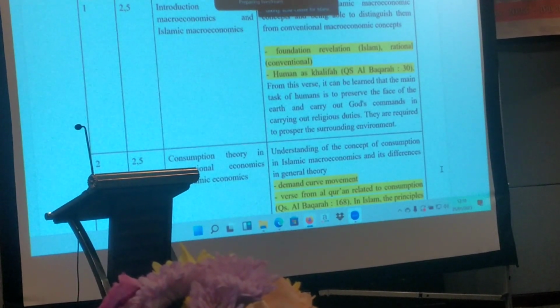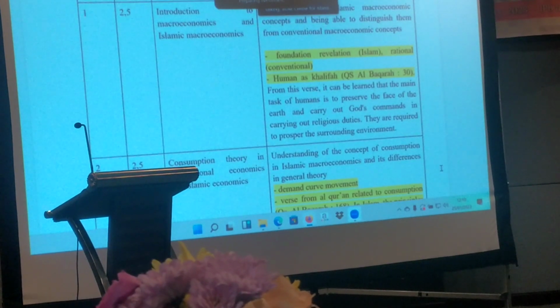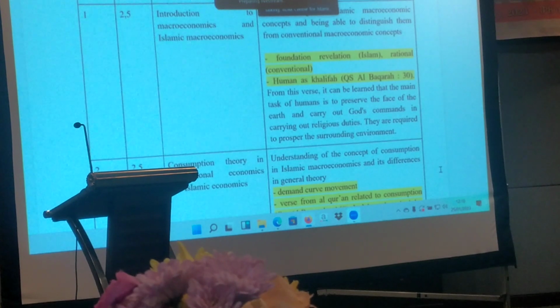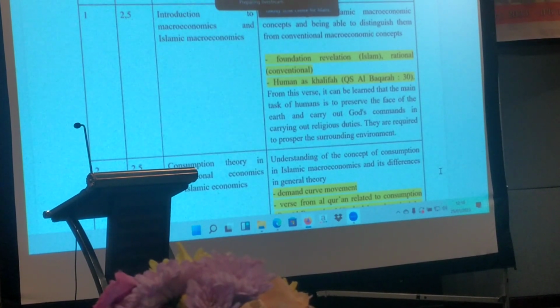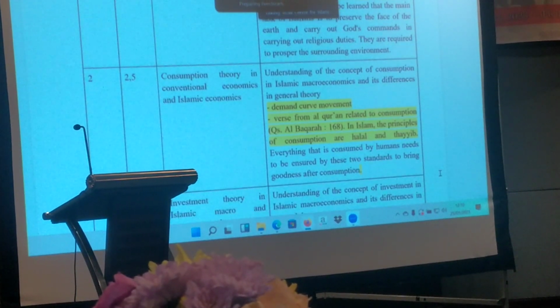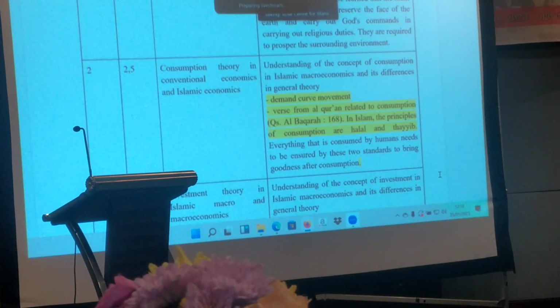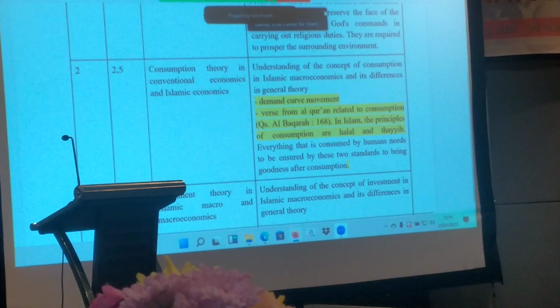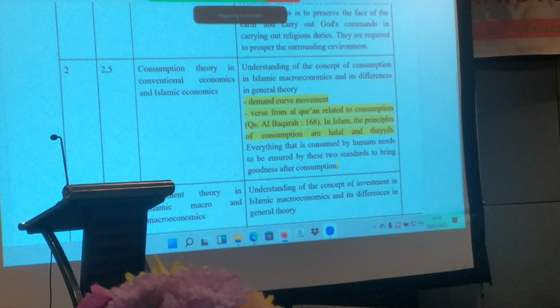Okay, if you look at weeks 2, 3, and 4, they cover the components of the Keynesian model. Consumption, go down. Investment, C, I, G, NX. So these are all the components of the Keynesian model, but we put the Islamic value on it.